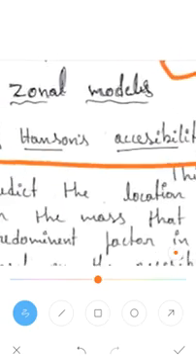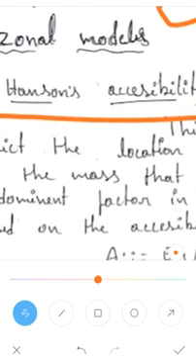This is a type of model designed to analyze and predict the location of the population, based on the factor that determines location, the accessibility index.